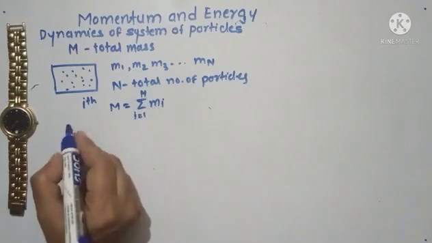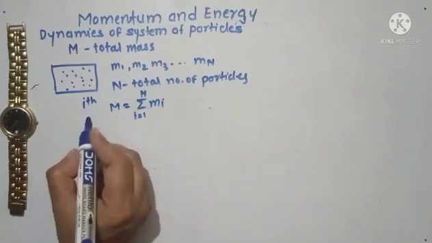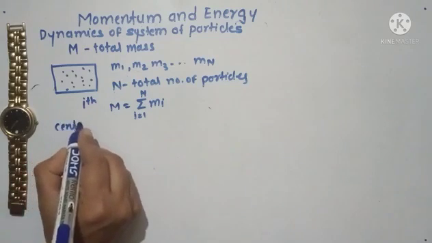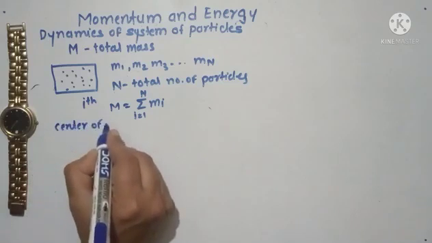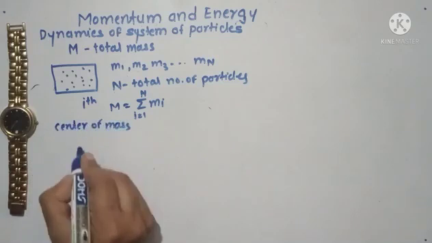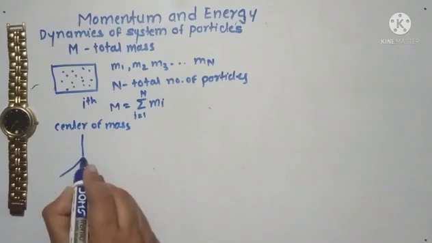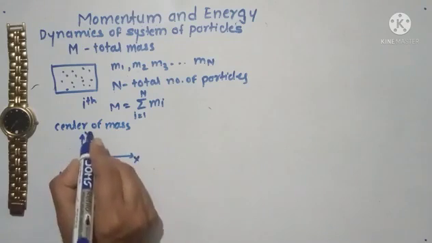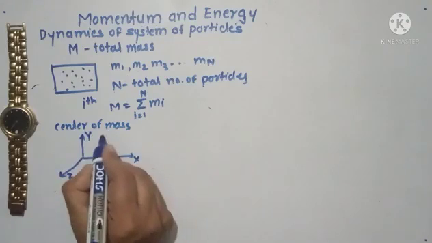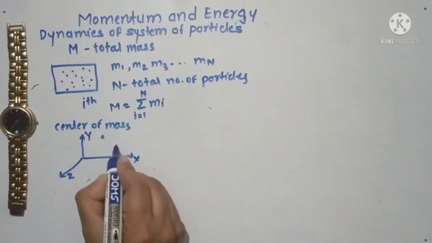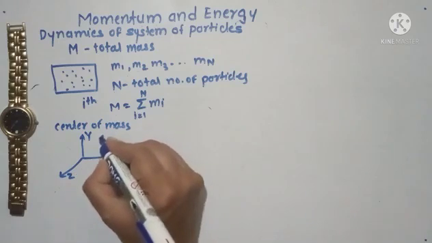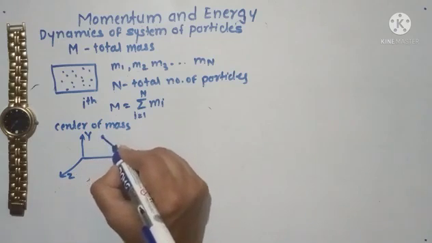We must know one more concept for the dynamics of the system of particles, which is the center of mass. Suppose I have a coordinate system x, y and z, and I take a system of only two particles for simplicity.